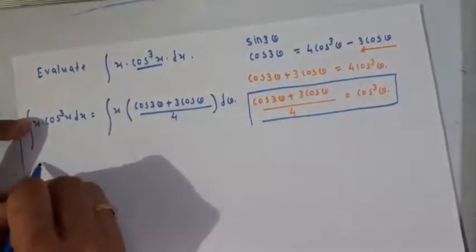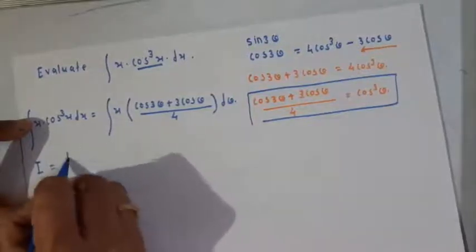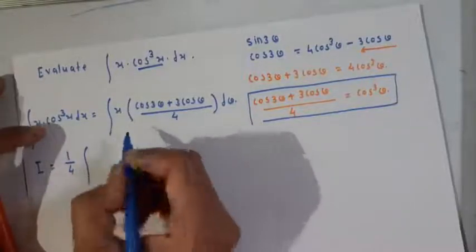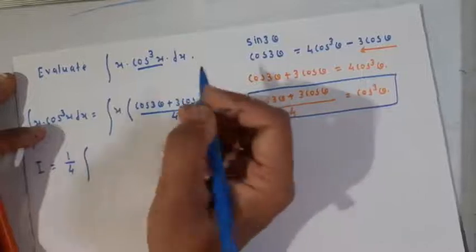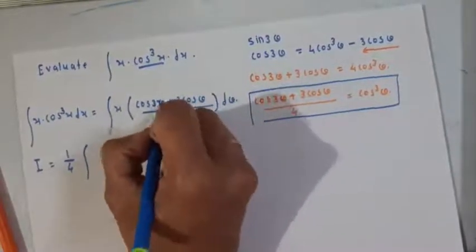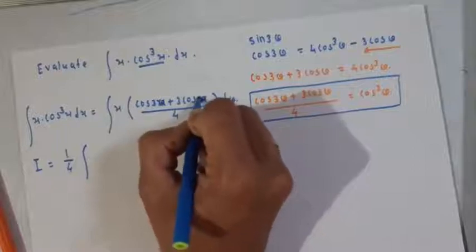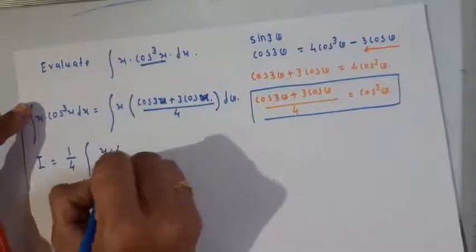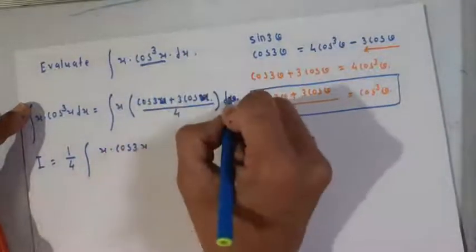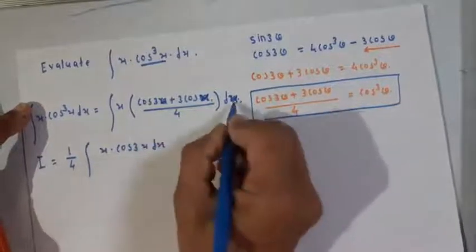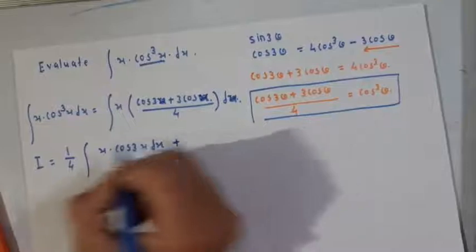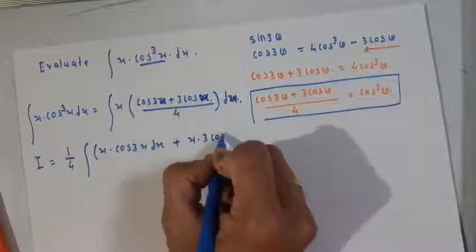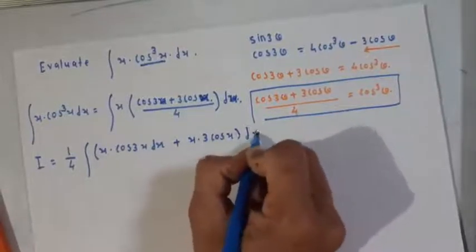Now let the integration be I, equal to 1 by 4 as a constant, taken outside the integration. 1 by 4 into the integration of x into cos cube x. This is cos of 3x plus 3 cos of x. Please change this variable accordingly. This is x into cos of 3x with respect to x, plus x into 3 cos of x with respect to x.